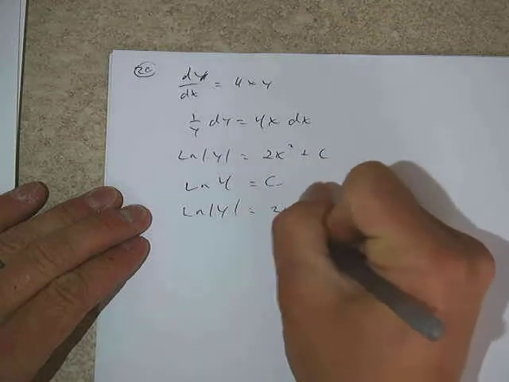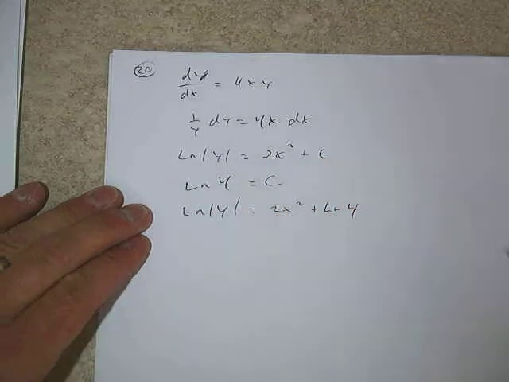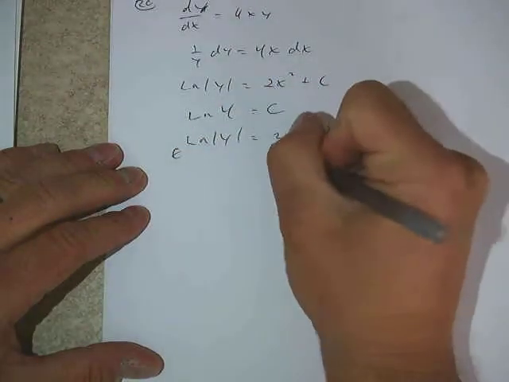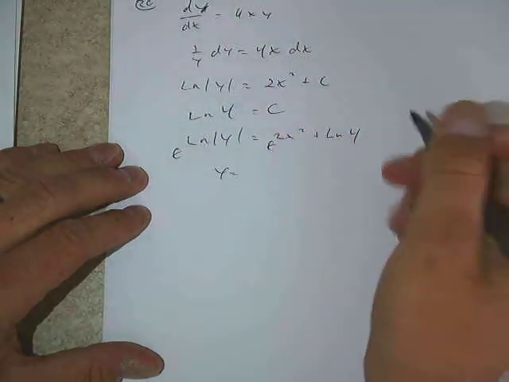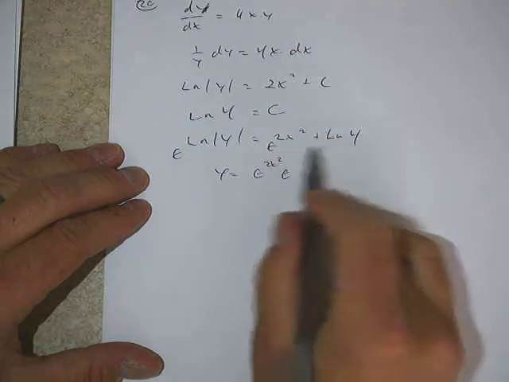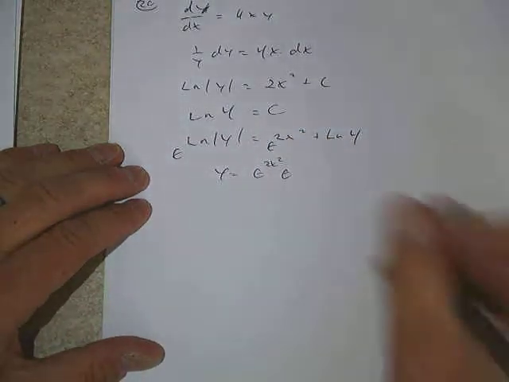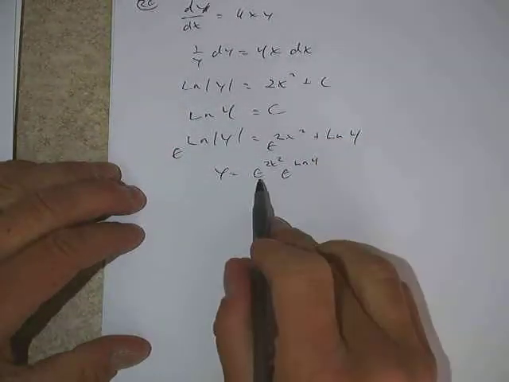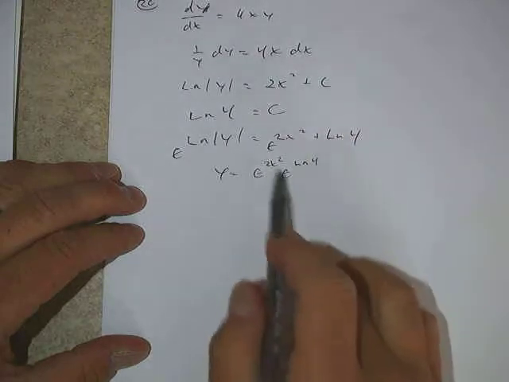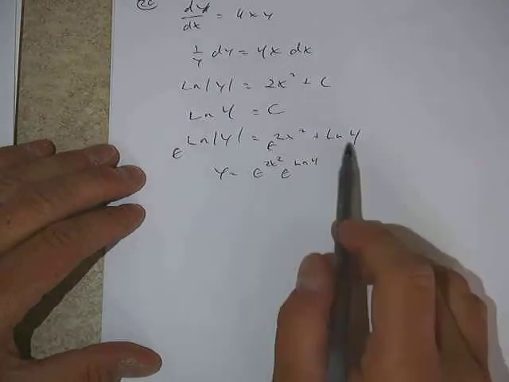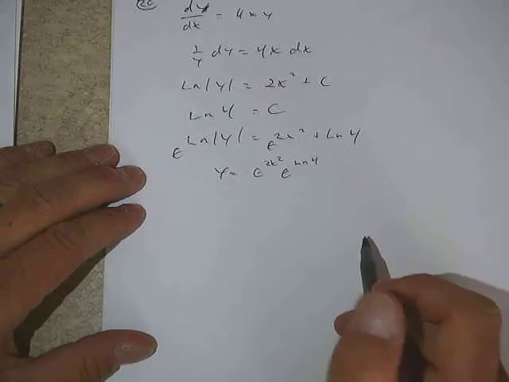So if I put in (0, 4) here, I got ln 4 on this side equals c. So I got ln absolute value of y equals 2x squared plus ln 4. Compose both sides with our e function to get y here. And remember what we want to do when we have these e to an addition power, if you will, is separate that into two parts.